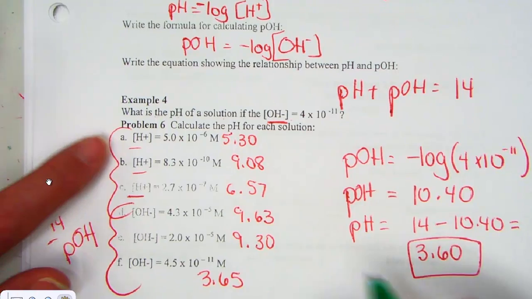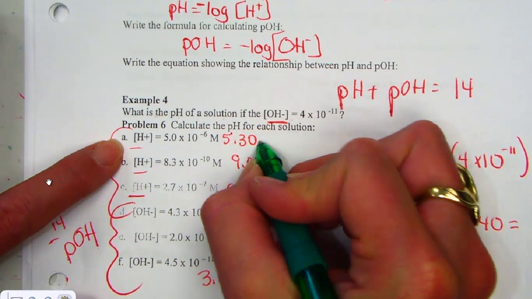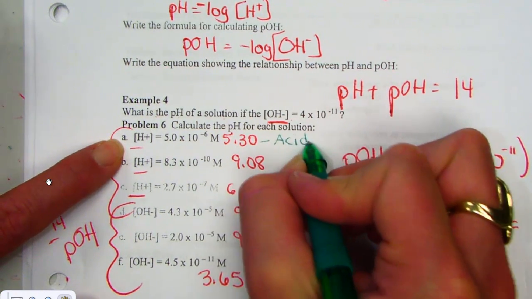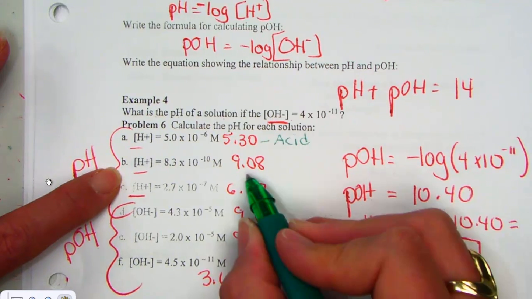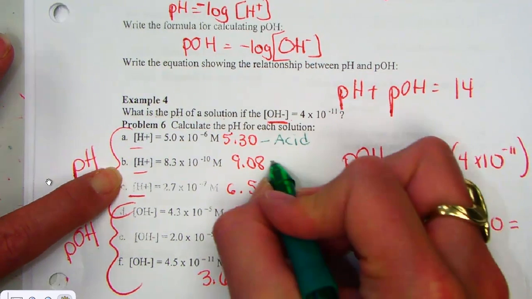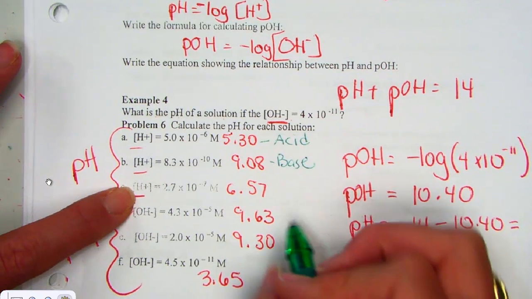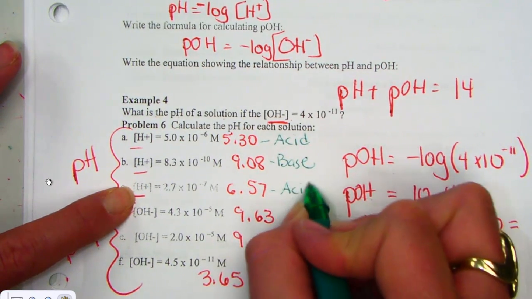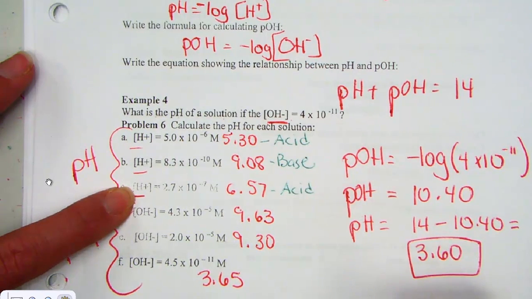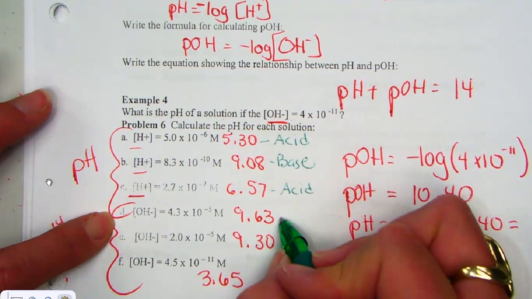Let's go back and remind ourselves. Letter A, a pH of 5.30, that's in an acid range. Letter B, a pH of 9.08, that's in a base range. Letter C looks slightly acidic, very close to 7, still not exactly 7, so we can't call it neutral. It's slightly acidic.